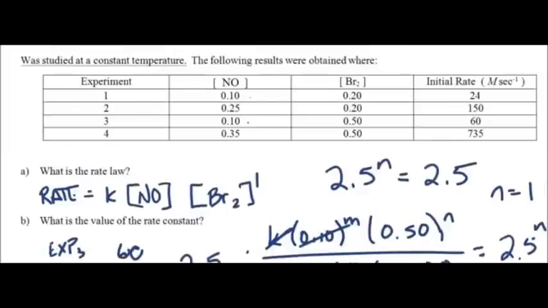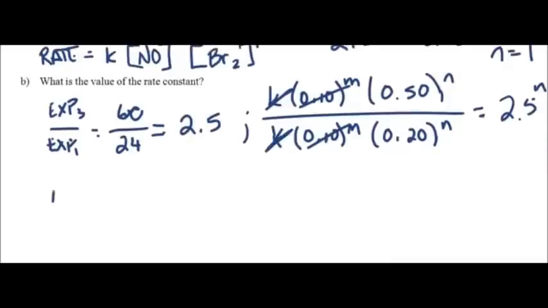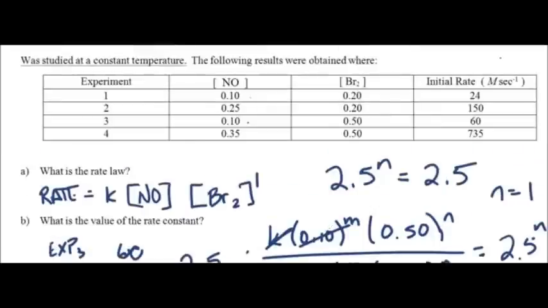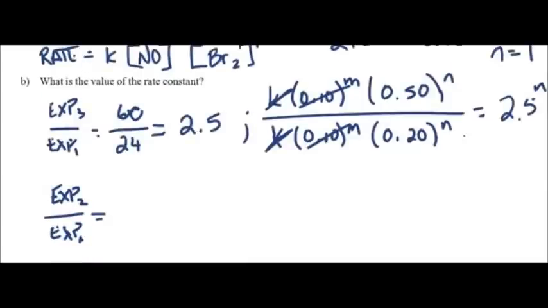All right, so let's come up to the data and let's find where the bromine has two concentrations that are the same. Well, it looks like in experiment 1 and 2 or in 3 and 4. So it's your choice. You get the pick. Let's go with 2 and 1. So in experiment 2 over experiment 1, I want to look at my rates, it's 150 over 24.